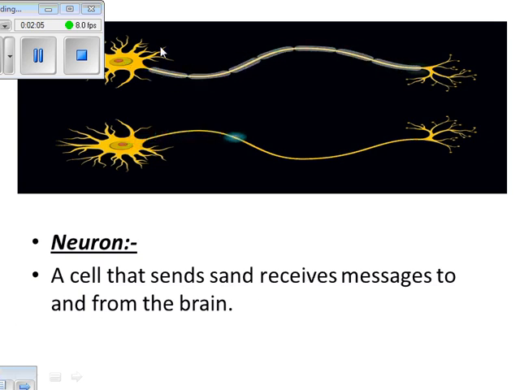As you see, a neuron is a cell that sends and receives messages from or to the brain. Okay, this is the meaning of neuron.